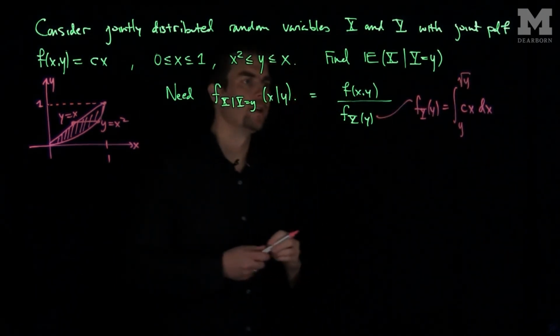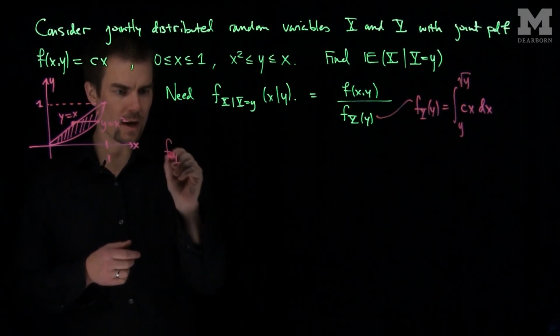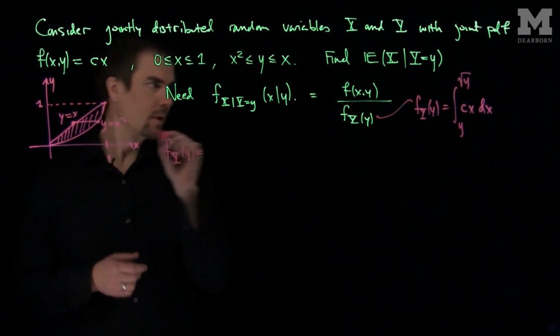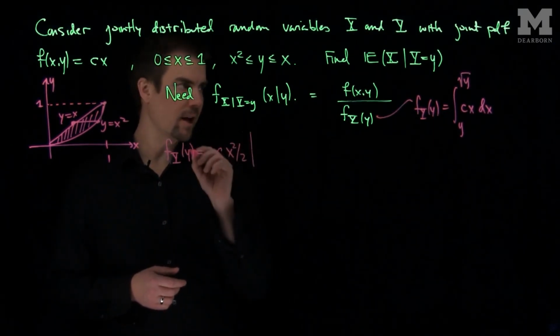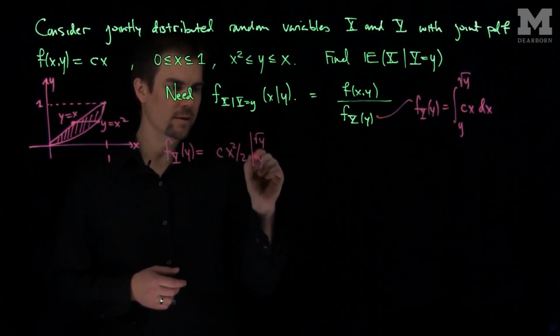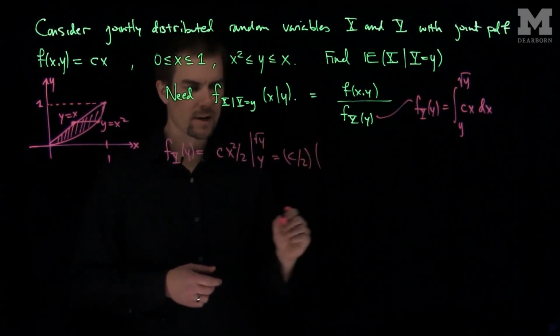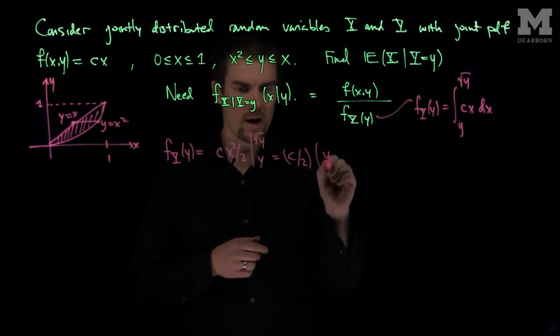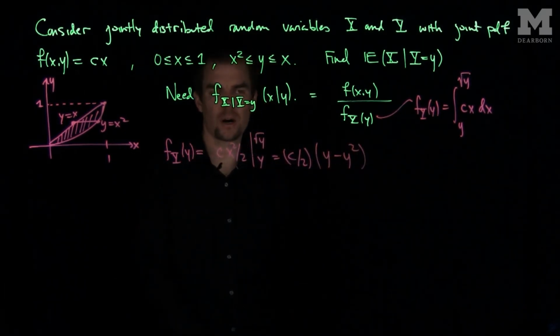Now we can compute this. f_Y(y) is equal to c x squared over 2 evaluated from root y to y. This will be c over 2 times root y squared, which is y, minus y squared. So that is our marginal.